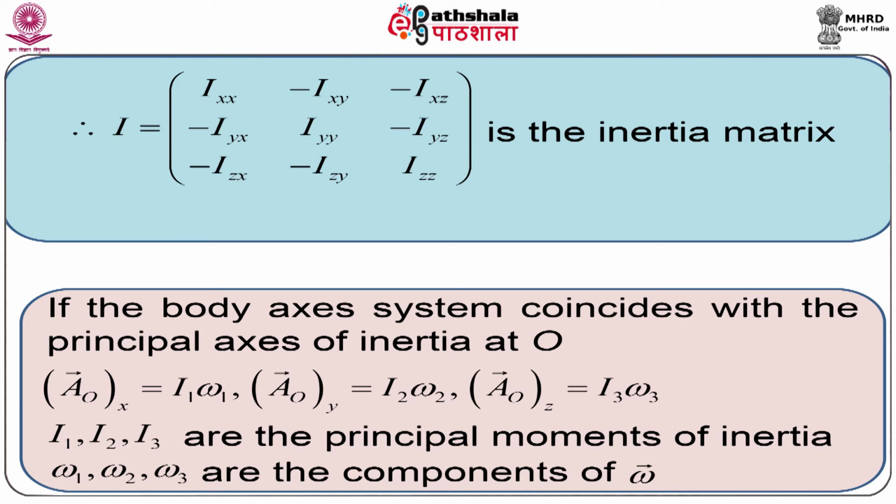And in that case, if I1, capital I2, capital I3 are the principal moments of inertia, that is if we denote Ixx as capital I1, Iyy as capital I2, Izz as capital I3, then we have the x component of angular momentum AO vector equal to I1 omega 1, y component of angular momentum vector equal to I2 into omega 2, z component of angular momentum equal to I3 into omega 3, where omega 1, omega 2, omega 3 are the components of omega vector along the principal axis of inertia at O. Since here the product of inertia vanishes, the axes become the principal axes of inertia.